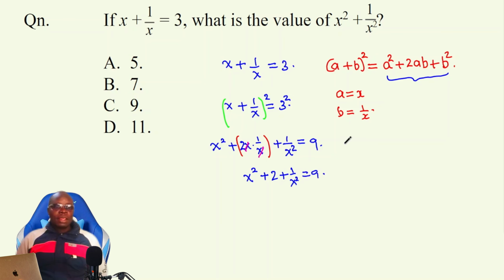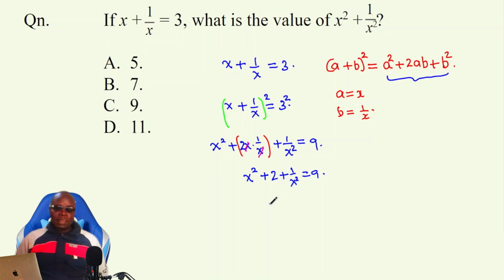Now from here, you already have some reason to smile, because there's something that is already looking almost like what we have here. The only difference is we have 2 in the middle there. And what do we do with that 2? We just need to collect like terms such that we isolate the 2 and we have the left hand side exactly the same as what has been asked in the question here.